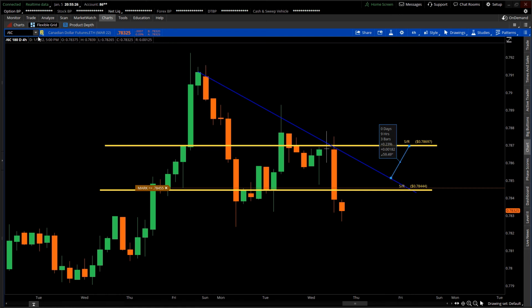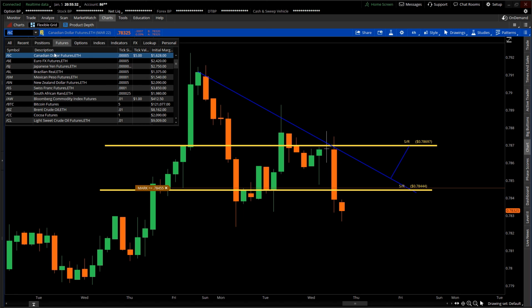Now for the futures contract for this asset class, for the Canadian dollar, the Canadian dollar slash 6C, its tick size is 1, 2, 3, 4, 5 spaces after the decimal point. So that's tens, hundreds, ones, tens, hundreds, thousands, 10,000th of a penny. So for every 10,000th of a penny move up or down equals $5, right?